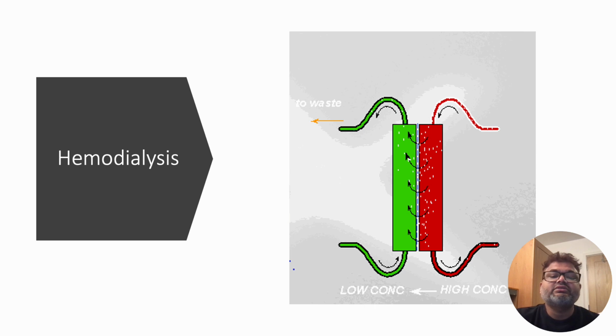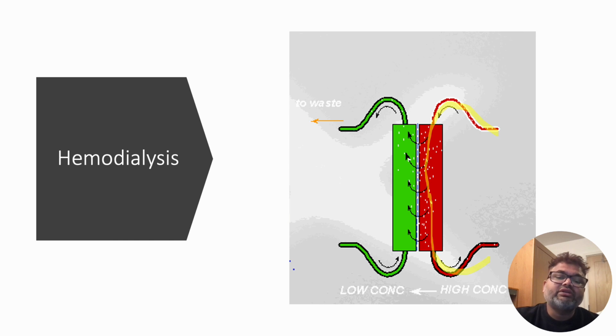That means this hemodialysis machine works on the diffusion process. What we do is pull the patient's blood from here, it goes into a compartment, and from this compartment it goes back.